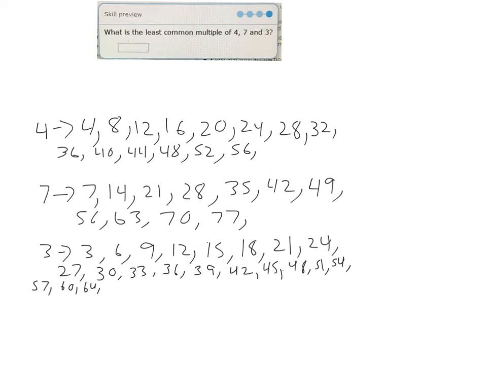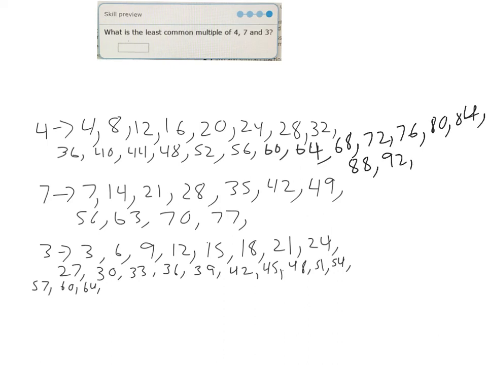No, let's do some more 4s. 60, 64, 68, 72, 76, 80, 84, 88, 92, 96.